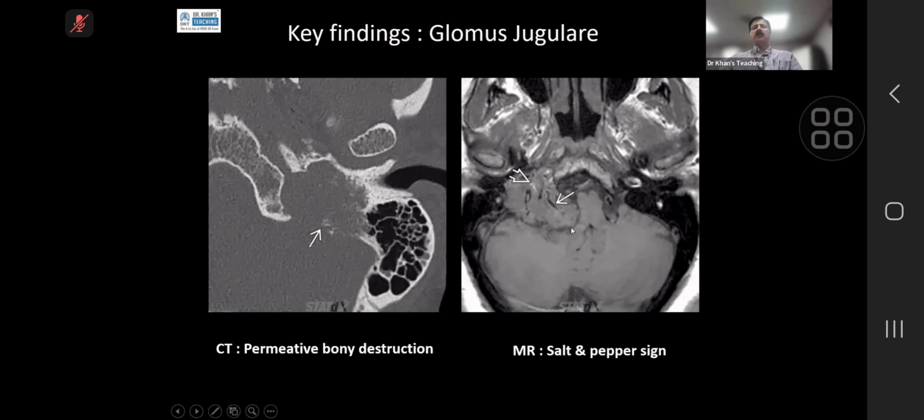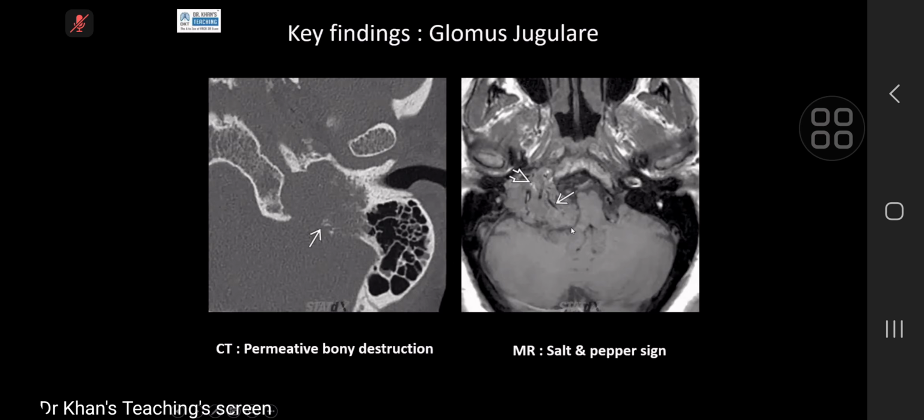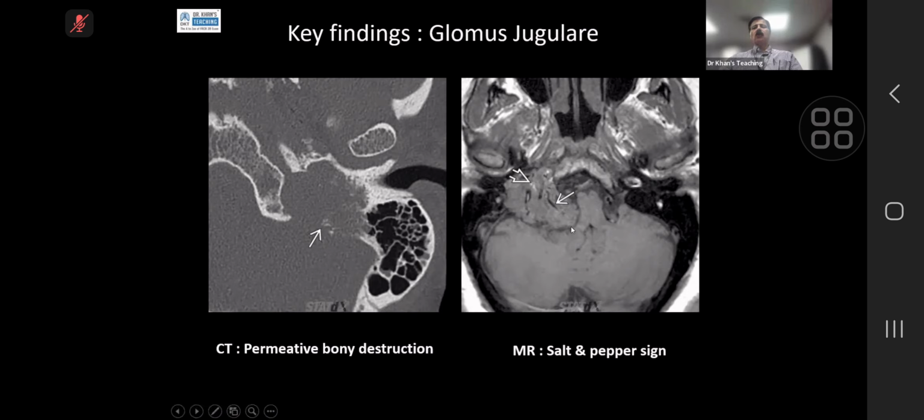Usually, it is seen in a glomus tumor which is more than 2 centimeters in size. The basic concept is that a glomus tumor is extremely vascular. So on a non-enhanced T1 weighted sequence, please remember, non-enhanced T1 weighted sequence, you can see a salt and pepper sign. What is salt and pepper sign?